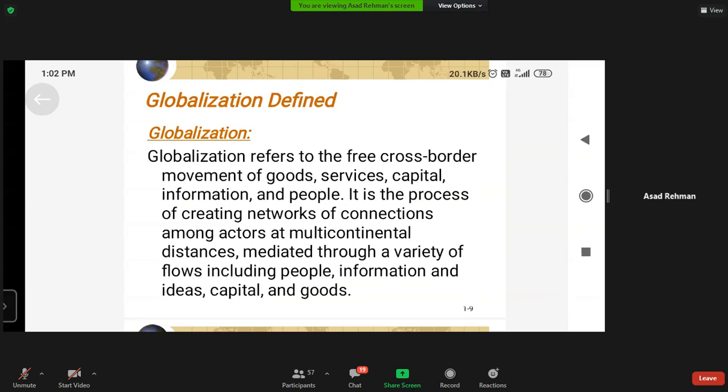They rather help in the free movement of goods, services, money, capital, investments, information, consultancy, advisory services, and the most important thing, the human resources or the people.